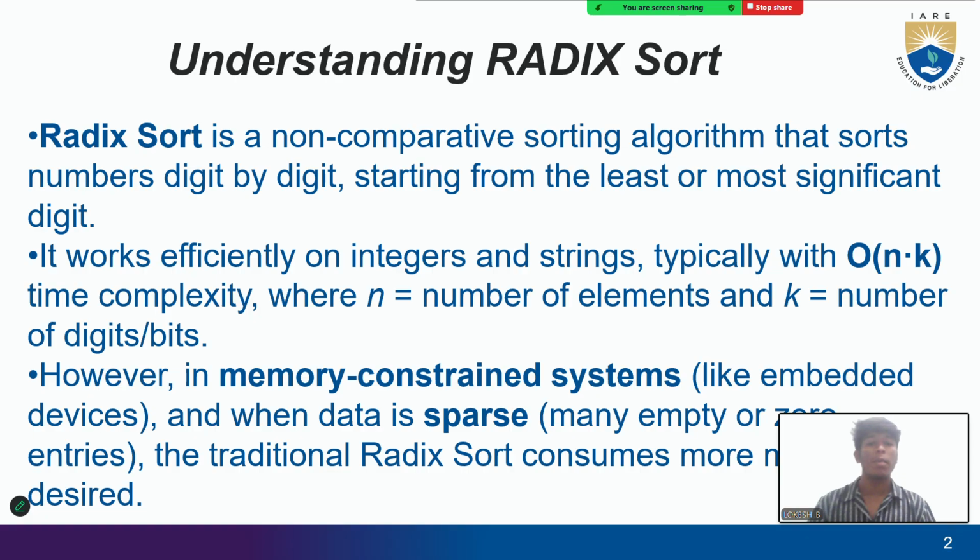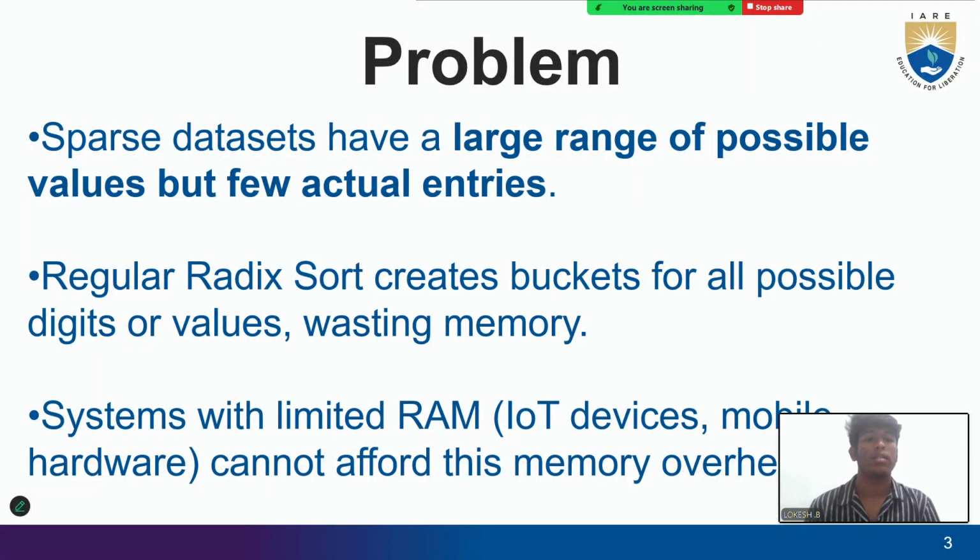However, in memory constrained systems like embedded devices, and when data is sparse, with many empty or zero entries, the traditional radix sort consumes more space.